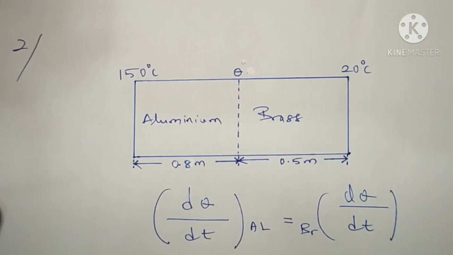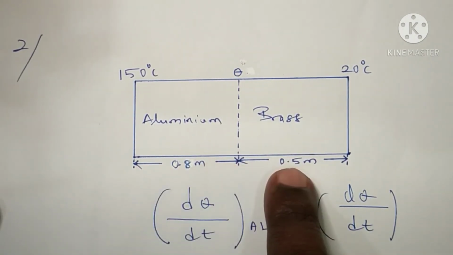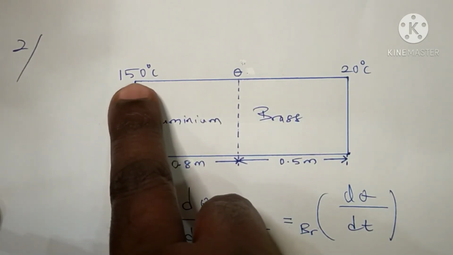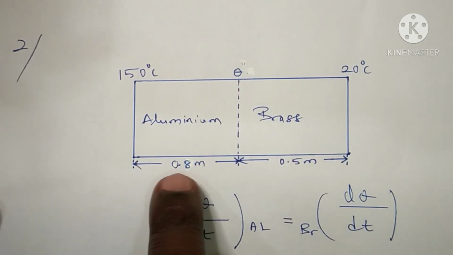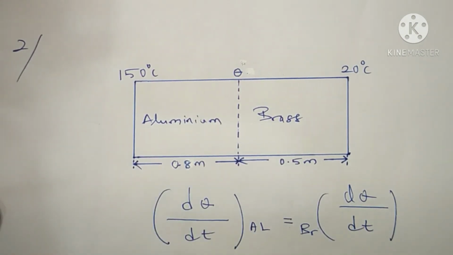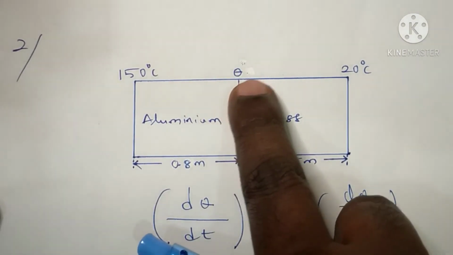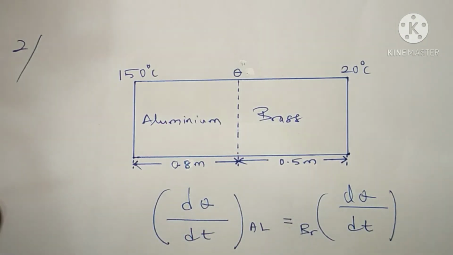According to the question, the aluminium and brass are joined end to end, 0.8 meter and 0.5 meter. The initial temperature for aluminium is 150 degrees Celsius, and the final temperature is theta for the 0.8 meter length. Whereas for the brass, the initial temperature is theta and the final temperature is 20 degrees Celsius for the 0.5 meter length.